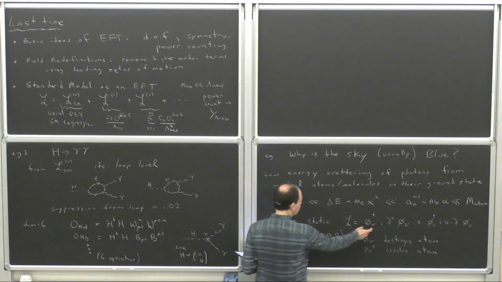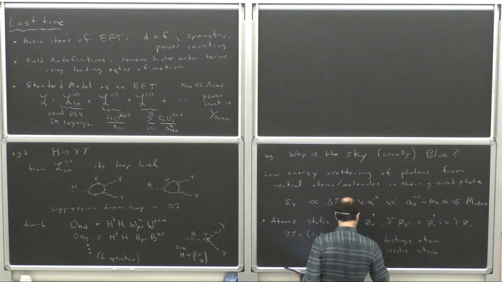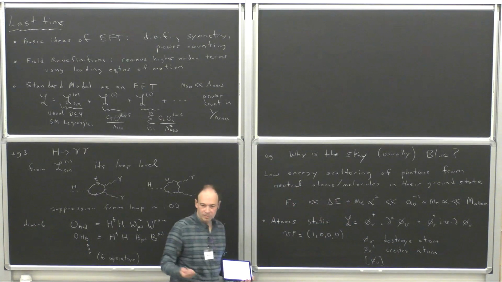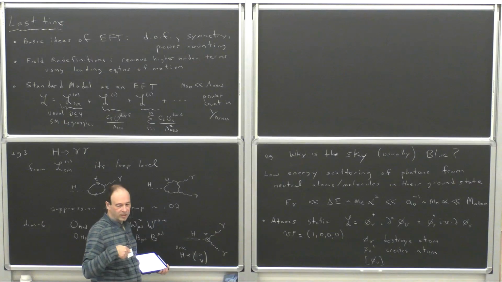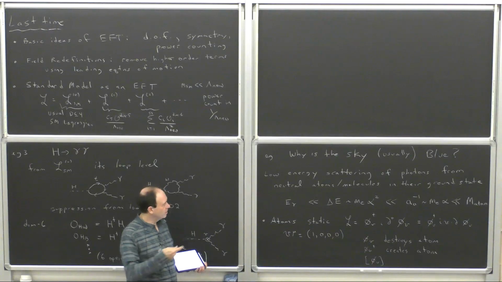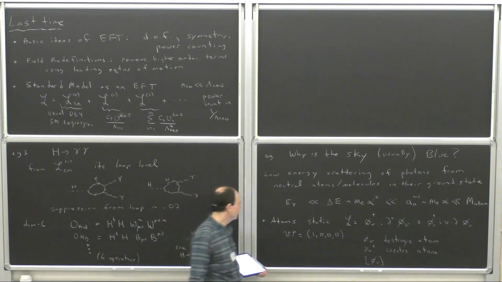And if I ask about the mass dimensions of phi_v, well, I just look at the Lagrangian. This partial derivative has dimension 1. The action should be dimensionless. The measure has mass dimension minus 4. So phi_v kind of looks like a fermion in this sense because there's a single derivative. So phi_v has dimension 3/2 in 4 dimensions, where little d is equal to 4 for a 4-dimensional theory.